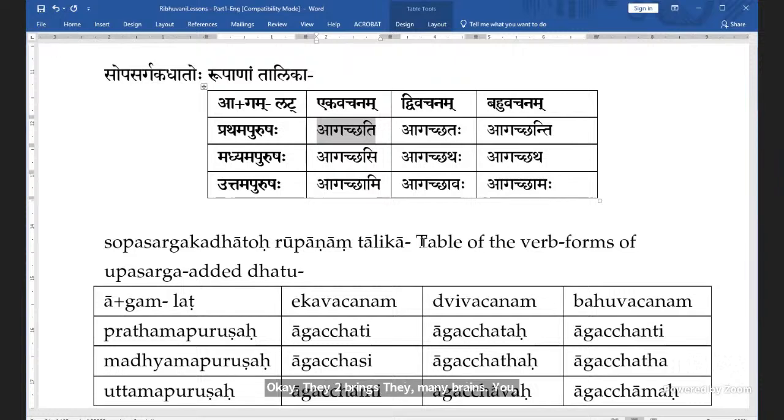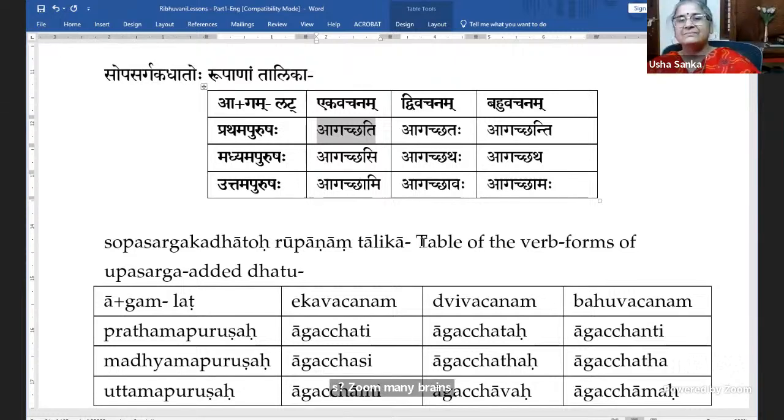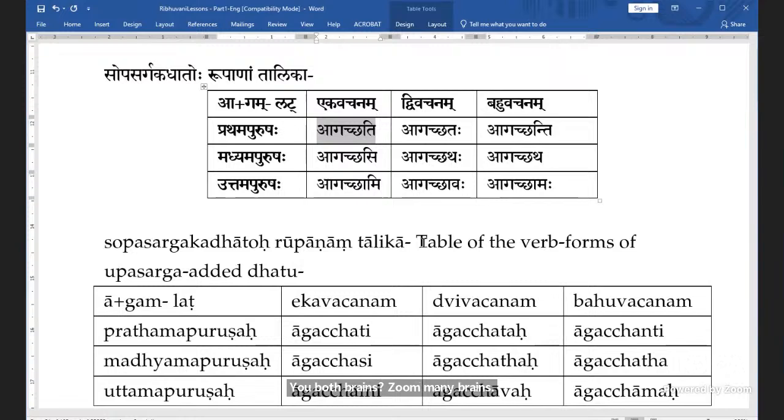Aharataha, you both bring. Aharata, you many bring. Aharami, I bring. Aharavaha, we both bring. Aharamaha, we many bring. Everything.